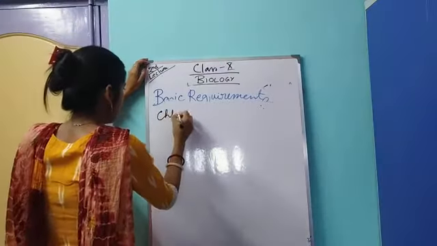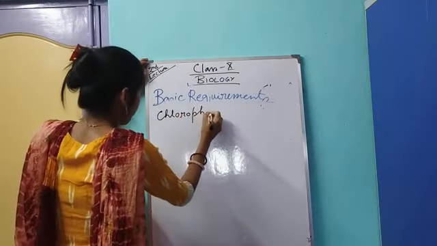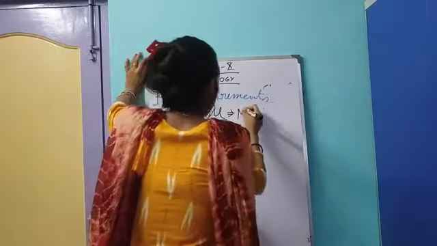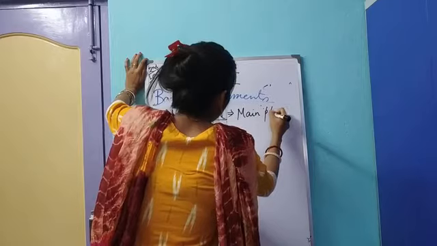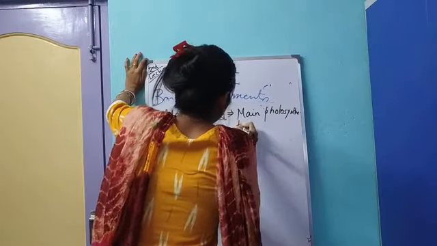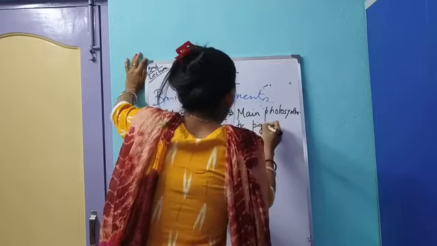Chlorophyll. What is chlorophyll? The main photosynthetic pigment.